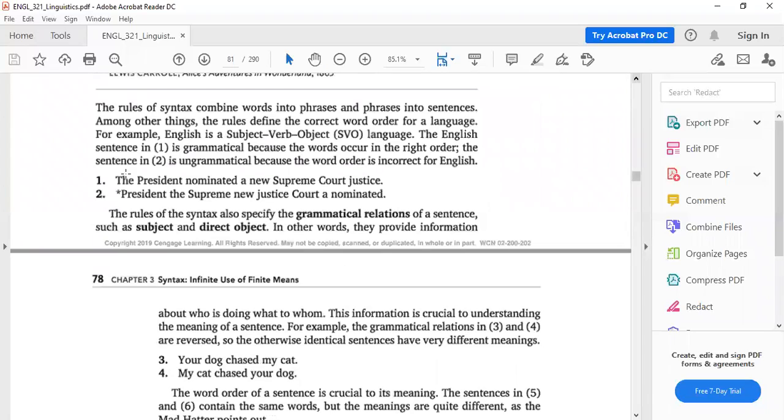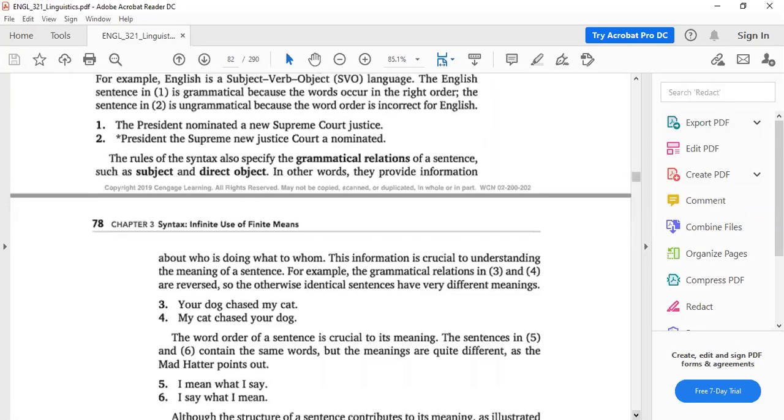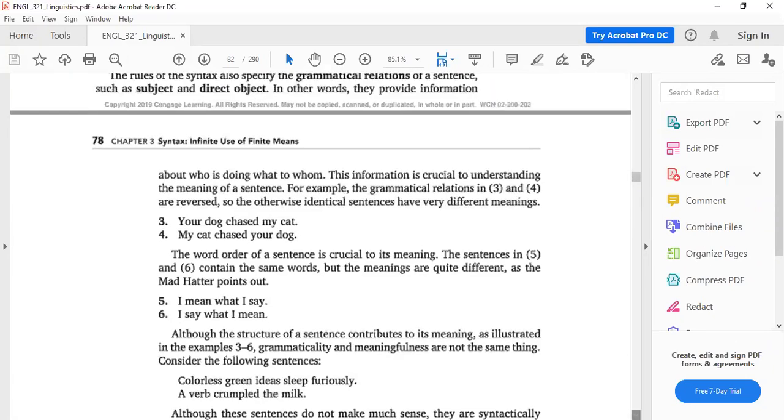In 1 and 2, we have the president and the president that. So the word order is wrong. In 1 and 2, the word order is wrong. But in 3 and 4, the word order is not wrong.